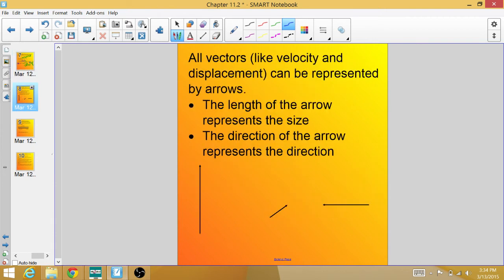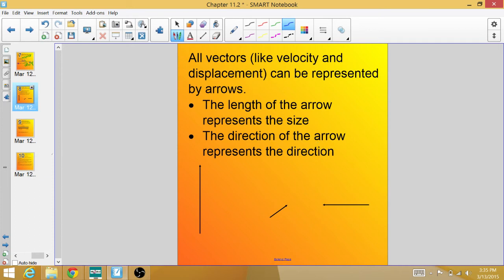Now, just like with displacement, velocity can be represented by an arrow. And this is true of all vectors, all measurements that have a number and a direction associated with them. So the length of the arrow represents the size, and the direction of the arrow represents the direction of motion, or whatever thing it is. So if these are velocity arrows, this arrow represents an object moving very fast upward.